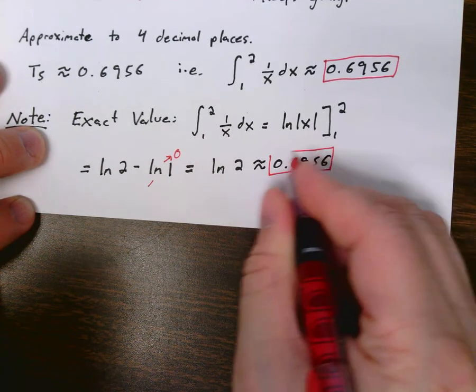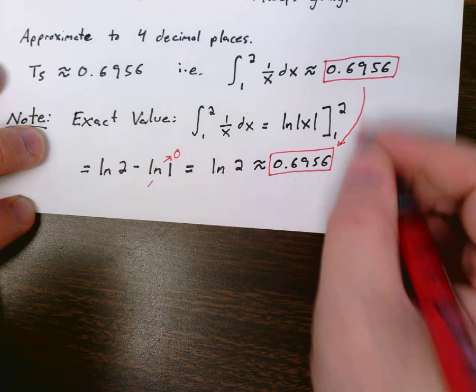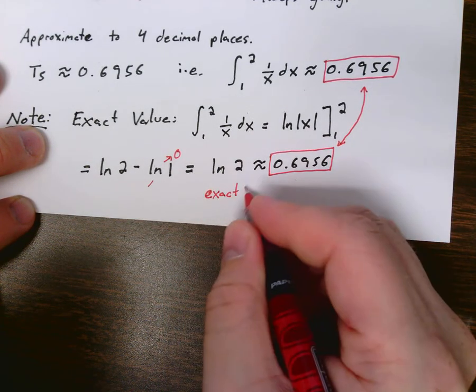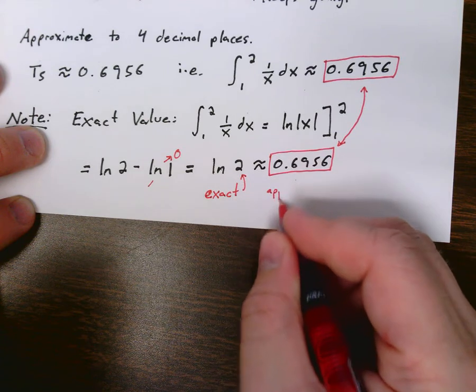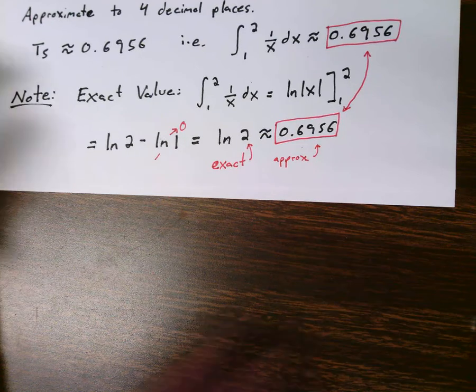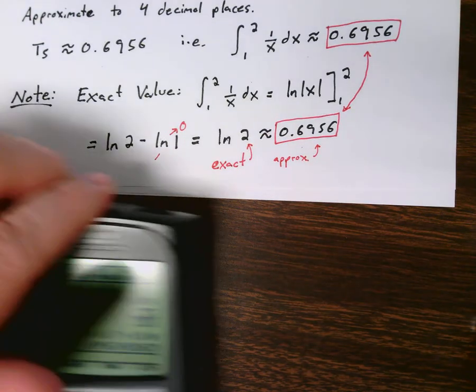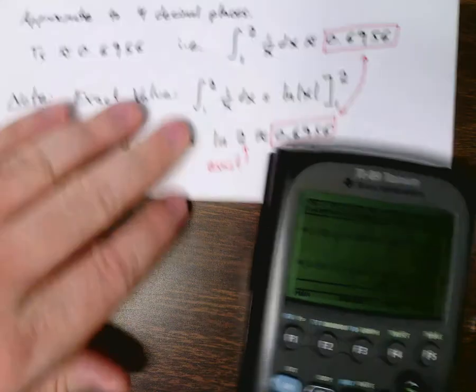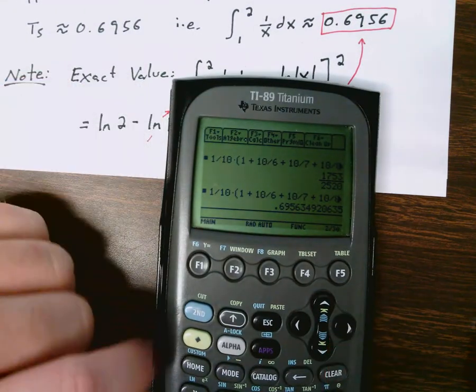Okay, so we can actually check this. Remember, that's where these came from. That's the approximation. So this is the exact, and this is the approximation. Okay, now let's see how close we are. I always get nervous when I do this, particularly when it's being recorded. Let's see how close the natural log of 2 is going to be.